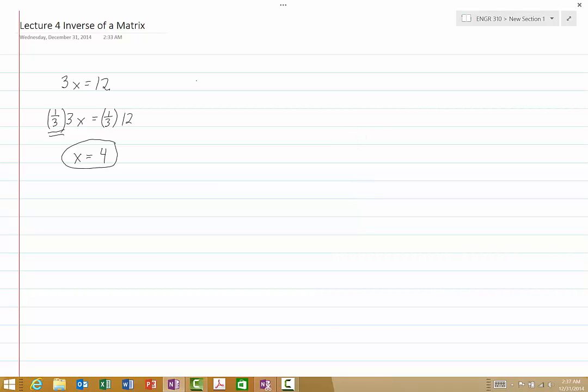For instance, as another example, if we had 7x is equal to 28, then of course what we would do there is multiply both sides by 1/7, because 1/7 is the multiplicative inverse of 7, and when we multiply the left-hand side by 1/7, then again we're going to get a 1 times x, which would give us x on the left-hand side, and on the right-hand side we would get 1/7 of 28, which is 4.